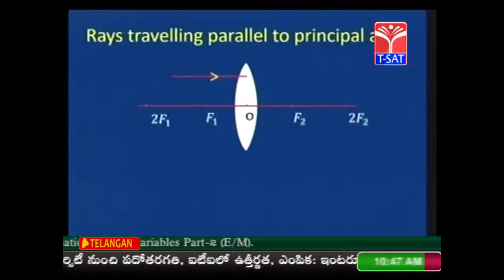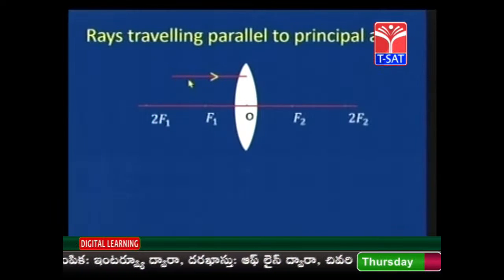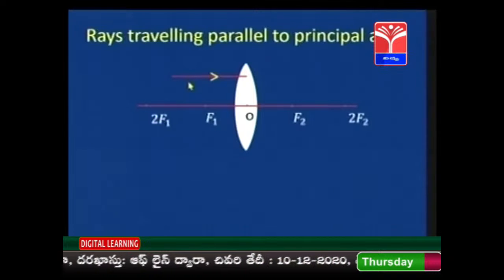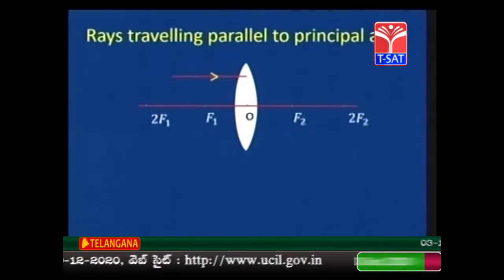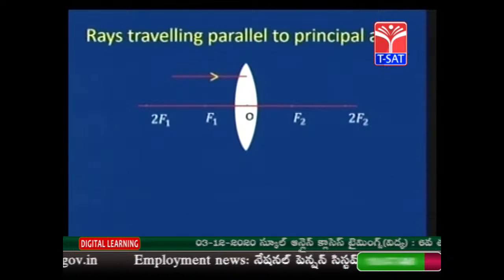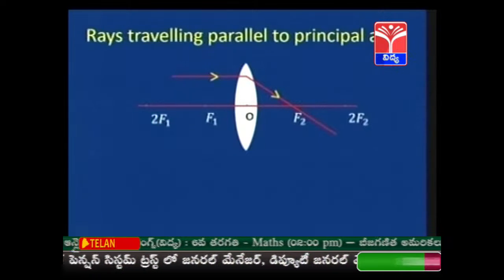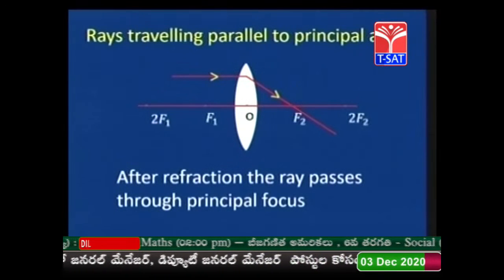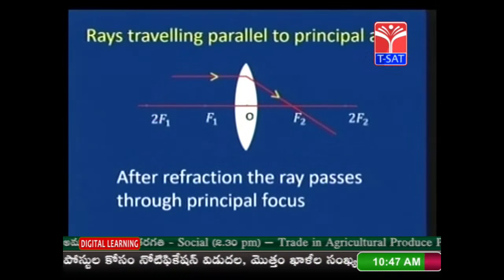Children, see, this is the light ray which is parallel to the principal axis. Can you tell after refraction how this light ray is going to refract? Yes, this is going to pass through the focus. So after refraction the ray passes through the principal focus. See the next picture.